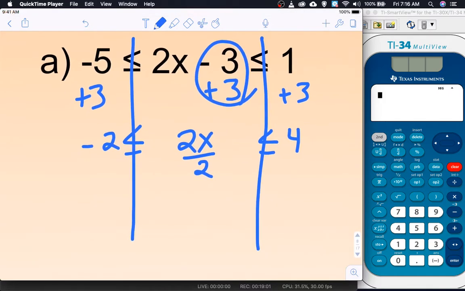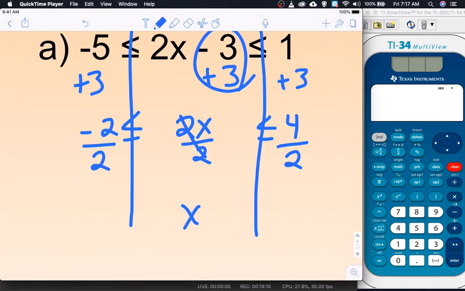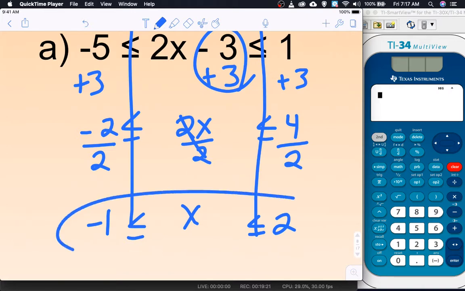Cancels. Divide by 2 on all sides, everywhere. That gives me just a plain old x in the middle. That gives me a -1 on the left and a +2 on the right. And that's it. That honestly is like the hardest type of problem in this whole lesson.